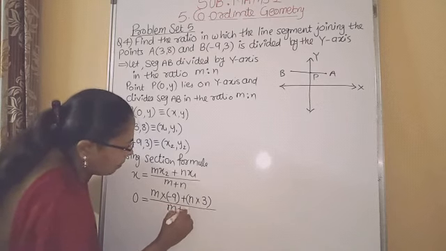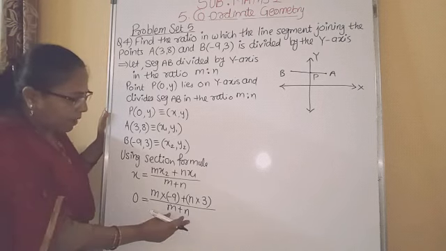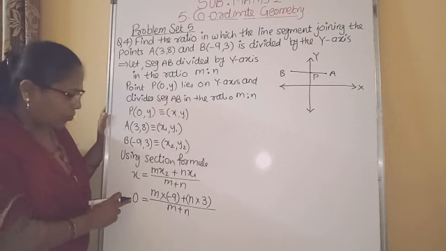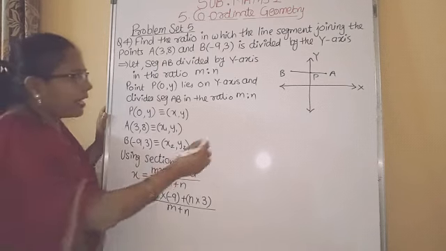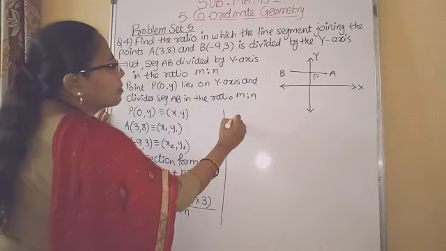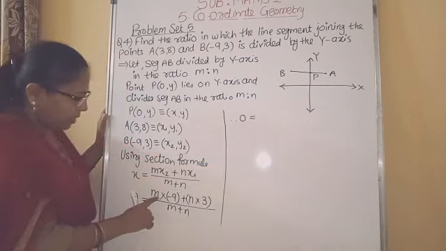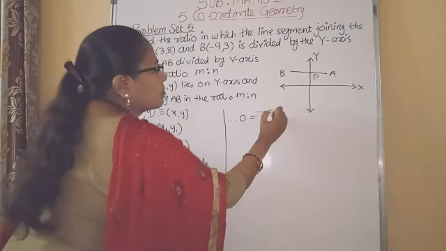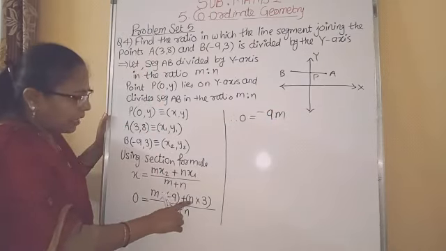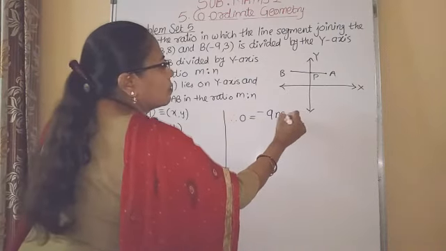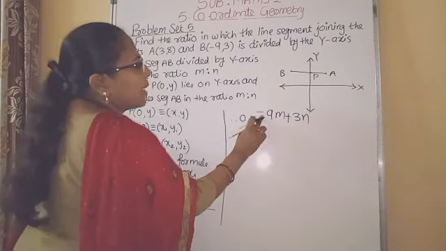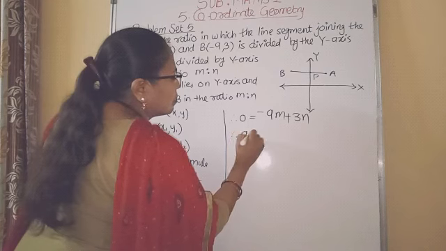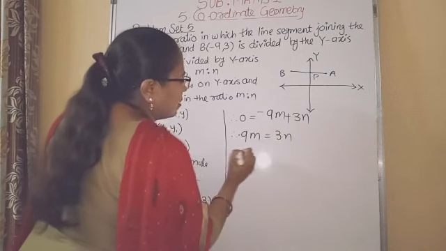Upon m plus n. Now this m plus n we will take on the left side, and it is multiplied by 0. So 0 multiplied by (m plus n), we will get 0. And equal to here m into -9, -9m, plus n into 3, plus 3n. Let we will take -9m on this side, plus 9m is equal to 3n.